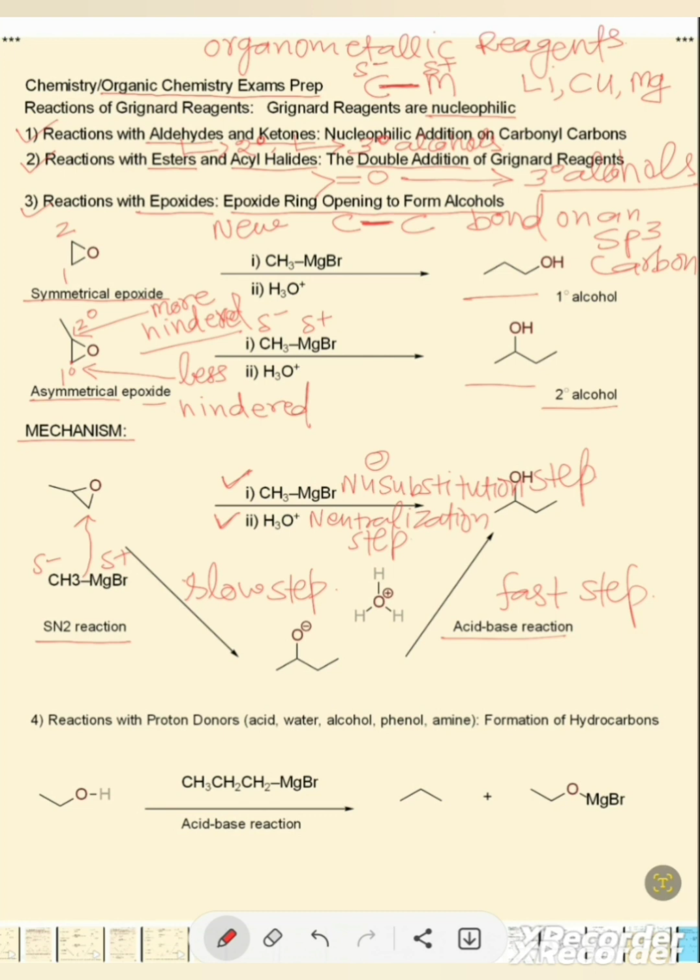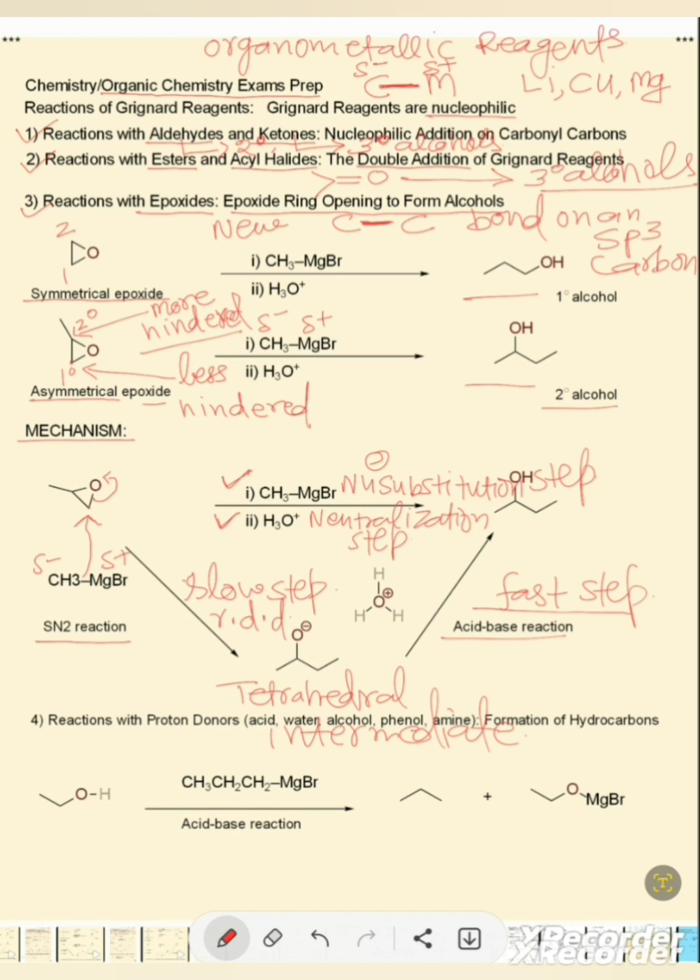So the slow step of the reaction mechanism is the rate determining step, and the second step is not rate determining step. So in this mechanism, the nucleophile attacks the carbon which is less sterically hindered. Once the nucleophile attacks, the leaving group leaves. So this epoxide opens and you form the tetrahedral intermediate, which is an alkoxide ion.